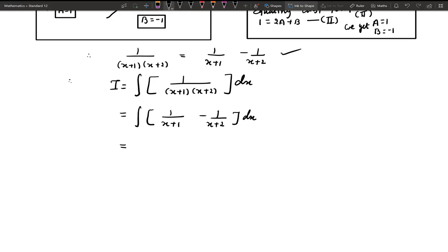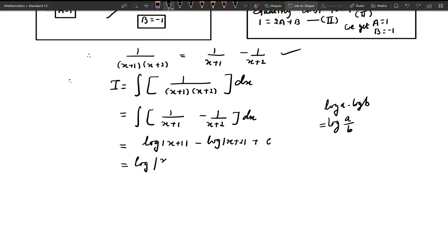Now when we integrate, we get log mod x plus 1, term wise we can integrate, minus log mod x plus 2 plus the constant of integration, and using the formula log a minus log b equal to log a by b, this can be written as log mod (x plus 1 upon x plus 2) plus c. So this is the solution using the method of partial fraction.